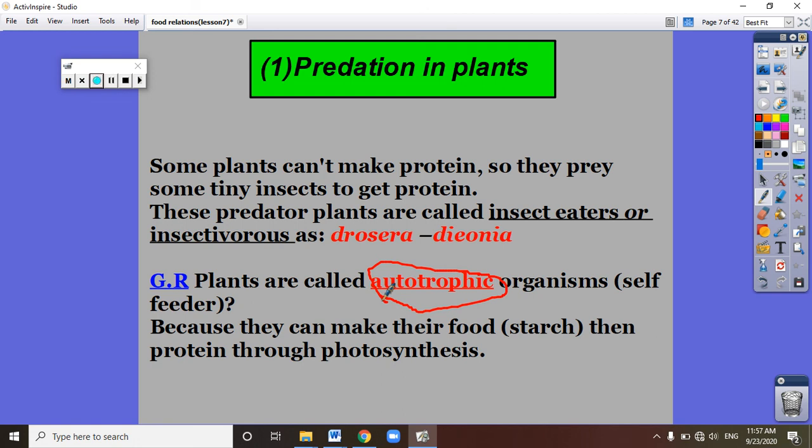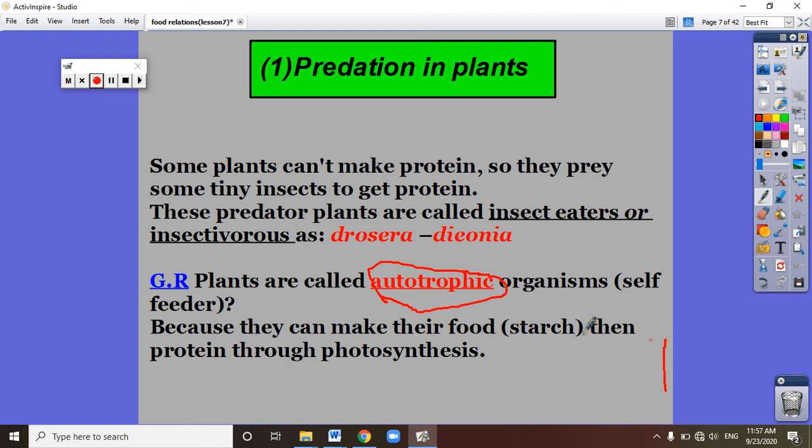But some plants grow in soils that don't contain all the nutrients and minerals that the plants need. So these plants devour small insects.